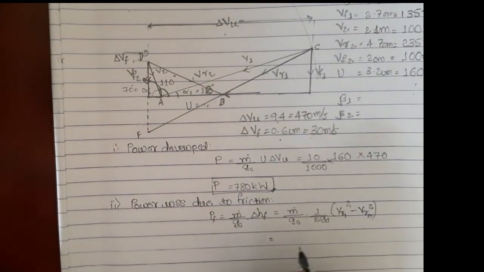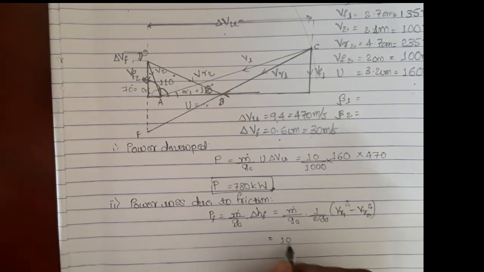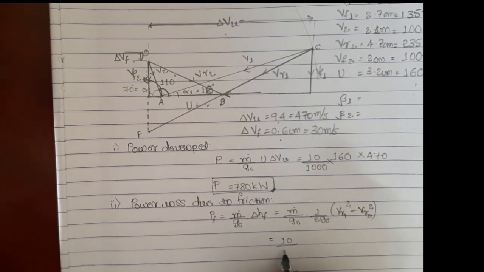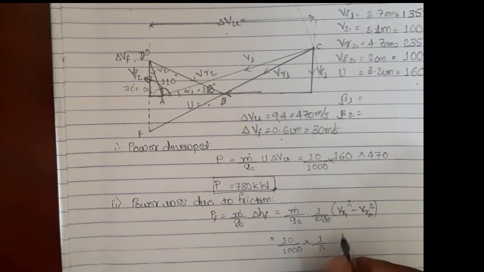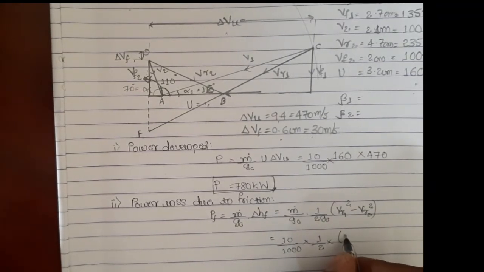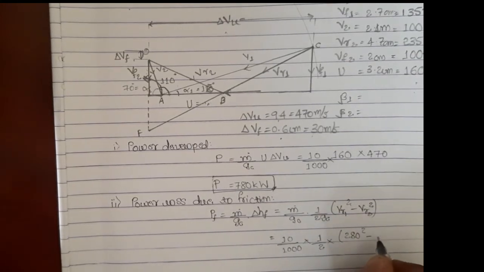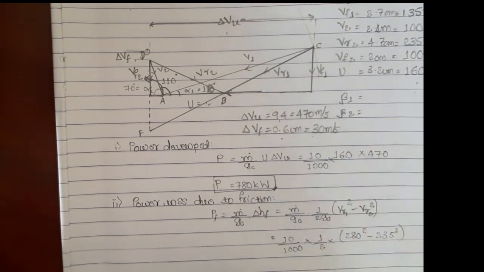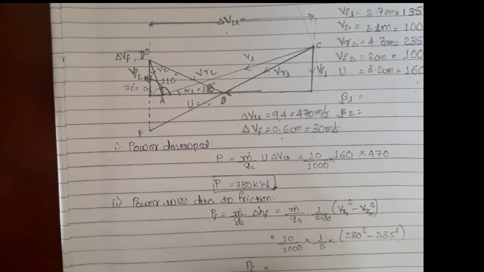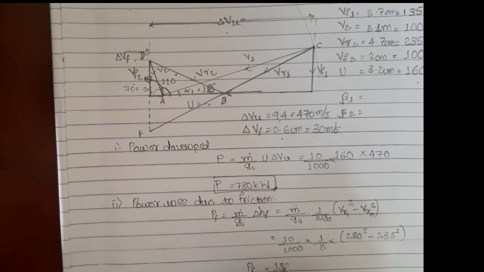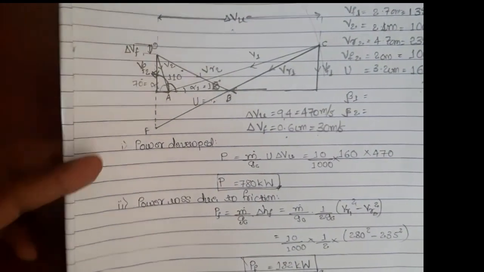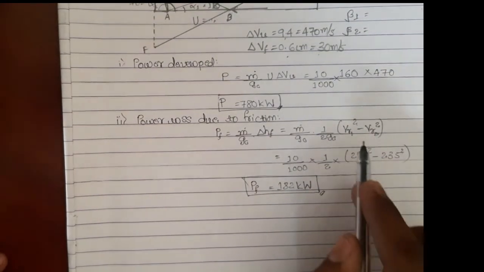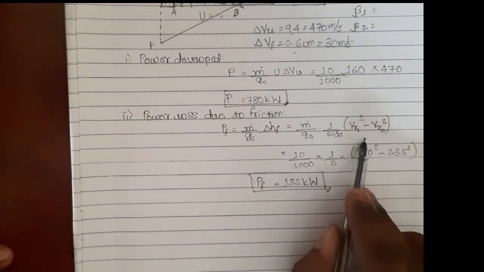So this becomes 10 divided by 1000 into 1 by 2 into VR1 square, which is found to be 280 square, minus VR2, which is 235 square. So power loss due to friction becomes 182 kilowatt. Here frictional loss is considered between the variation of relative velocities.